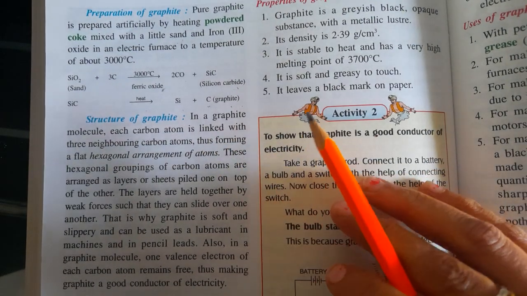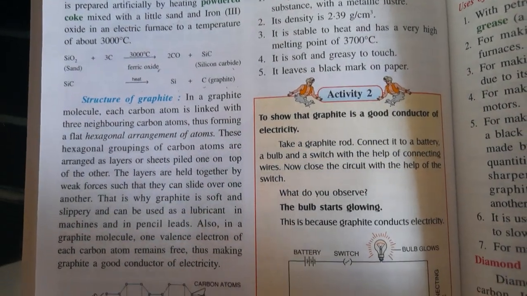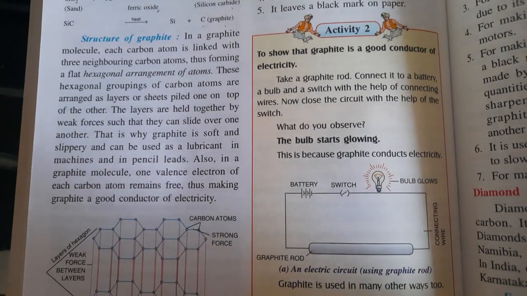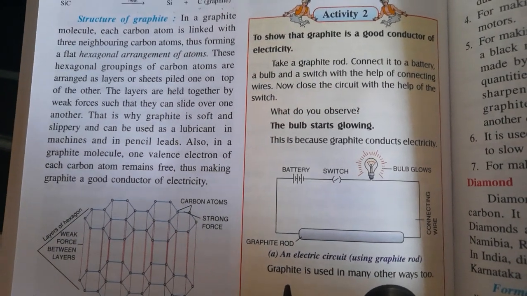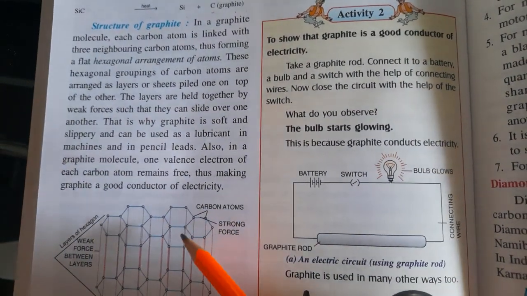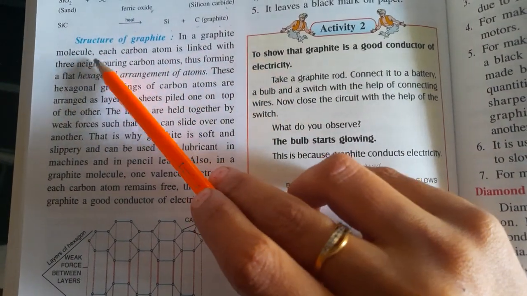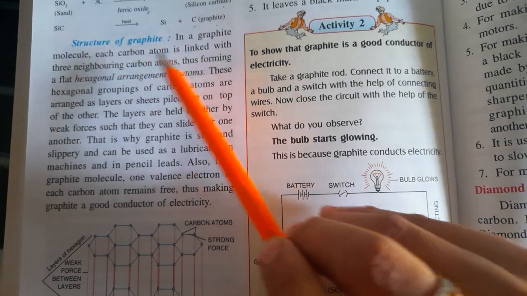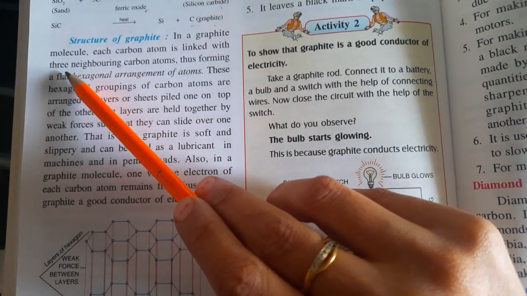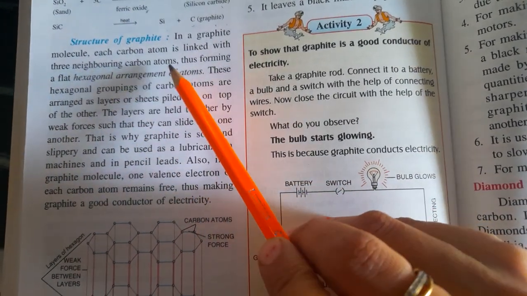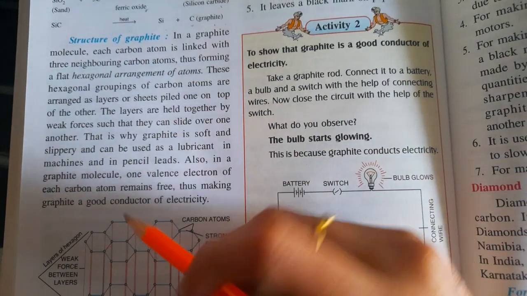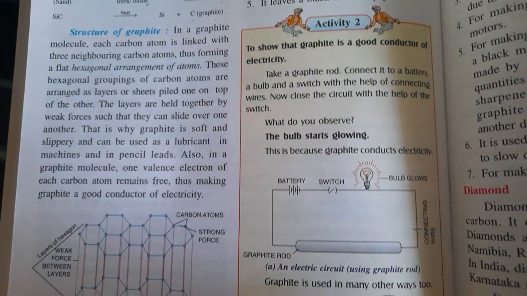Here you can see the structure of graphite. In graphite, each carbon atom is linked with three neighbor carbon atoms. You can see the structure already given in your textbook.